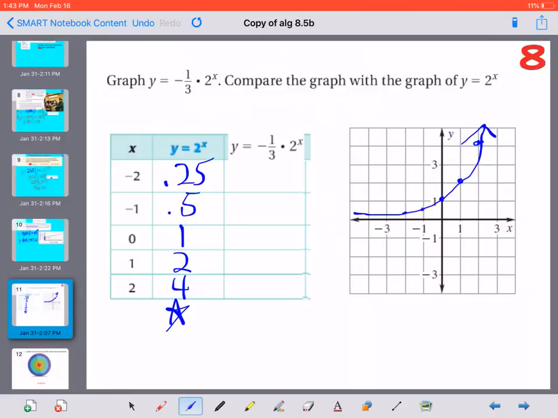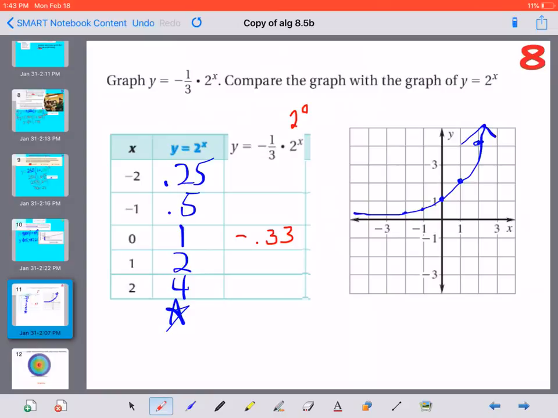Next one, we have negative 1/3 times 2 to the x. So 2 to the 0, let's start there, is 1 times negative 1/3. That's going to give us a negative 0.33.